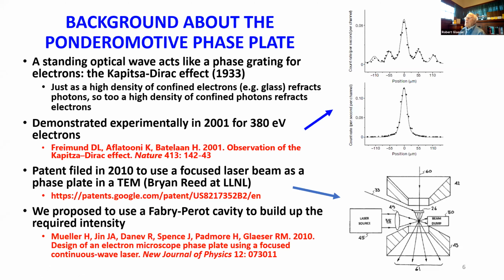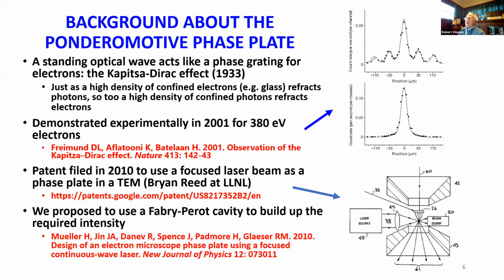So the interaction is extremely weak. You have to have a whole lot of photons confined in a small space to get an appreciable effect. And the first experimental, the effect is greater for low energy electrons.